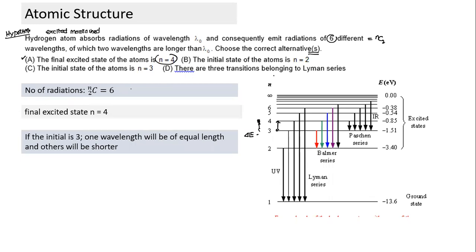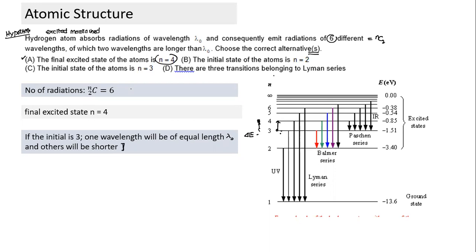Out of 6, one wavelength will be equal to lambda naught, and the rest will all be shorter. Are we clear? The rest of the delta E are larger than this delta E. So if the initial state is 3, one wavelength will be equal to lambda naught and the others will be shorter.